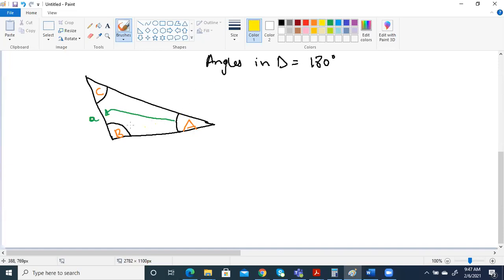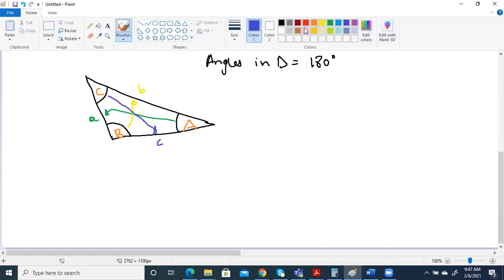The side that is opposite to angle B, I have that in yellow, can call that little b. And the side opposite to angle C, I have that in blue, I can call that little c.